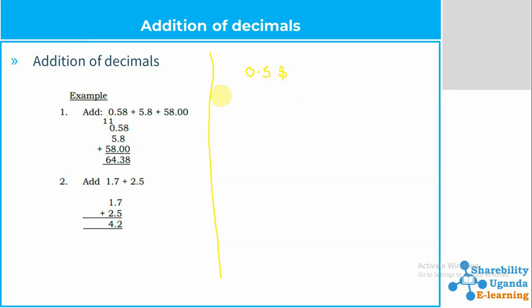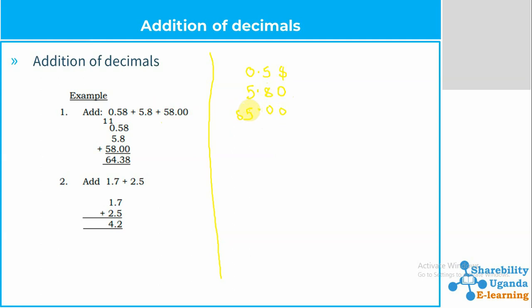We should also bring our 5.8, so that means our 5 is going to be here, then 0.8, and the remaining should be 0. Then we also have our 58.00. Here we have 58, then 0.00.